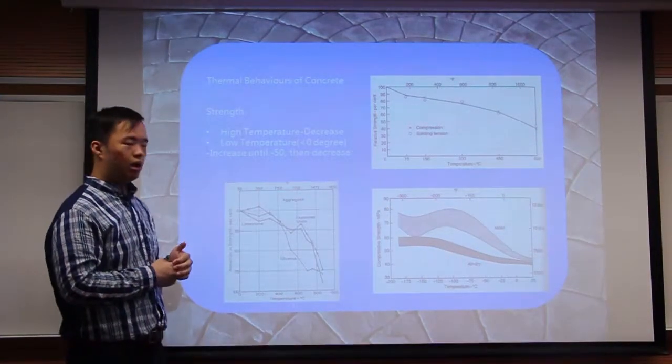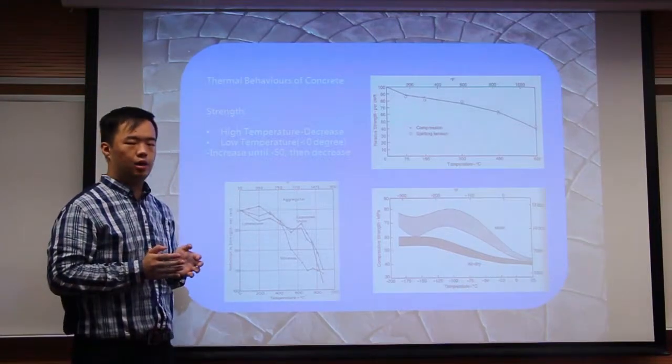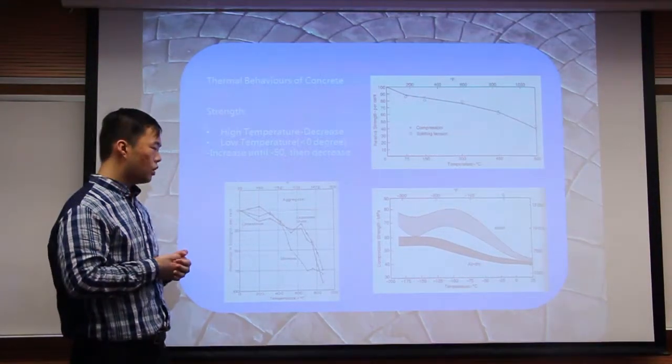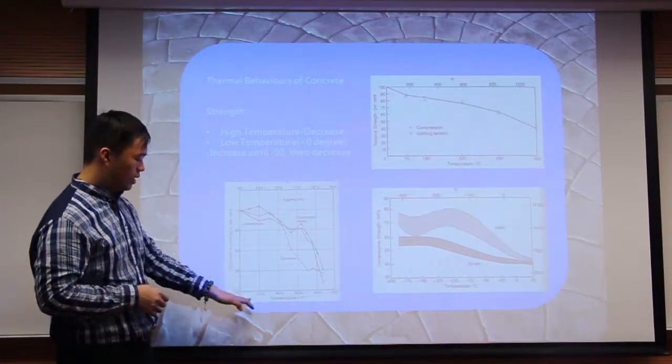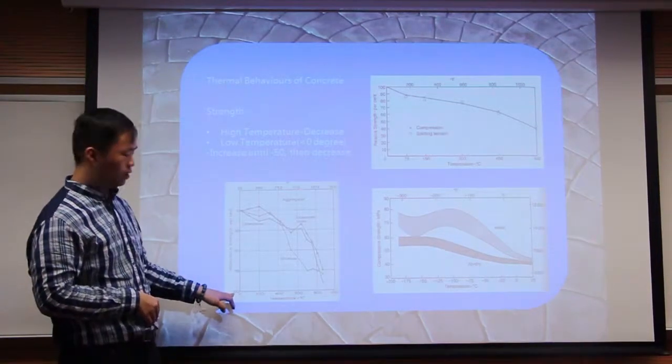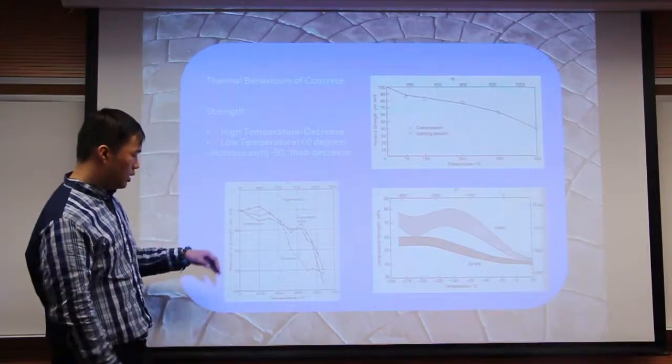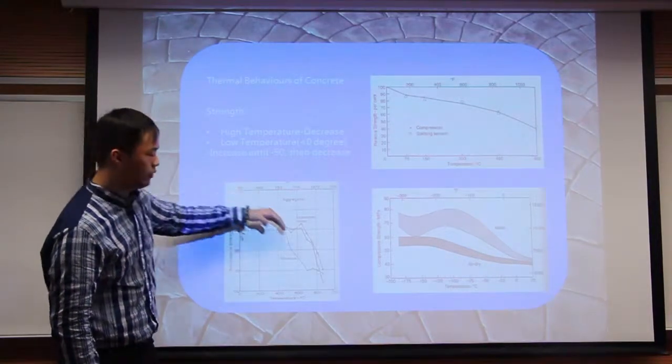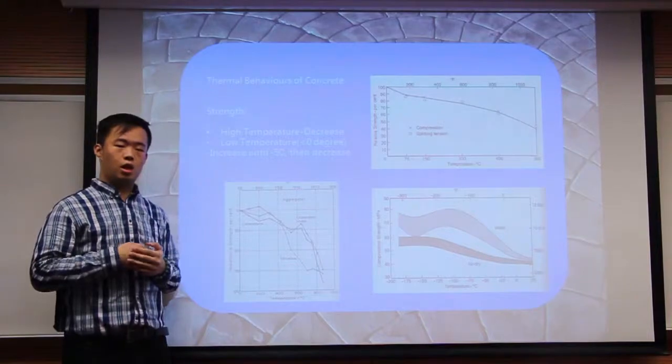But as for the high temperature and low temperature comparison, we can see at a very high temperature, from 0 Celsius degree to 100 Celsius degree, there will be a whole tendency of decrease for the strength of the concrete.